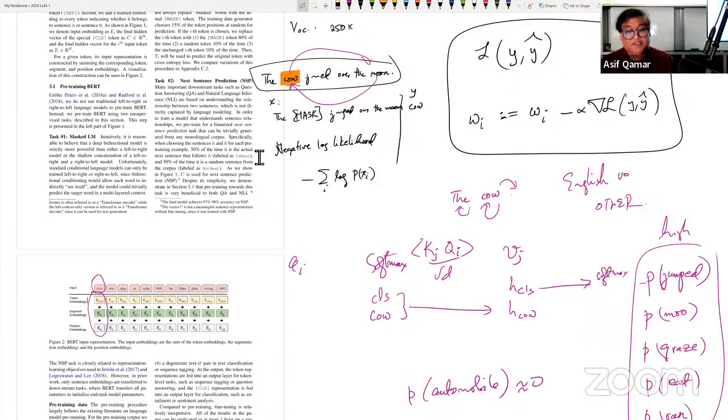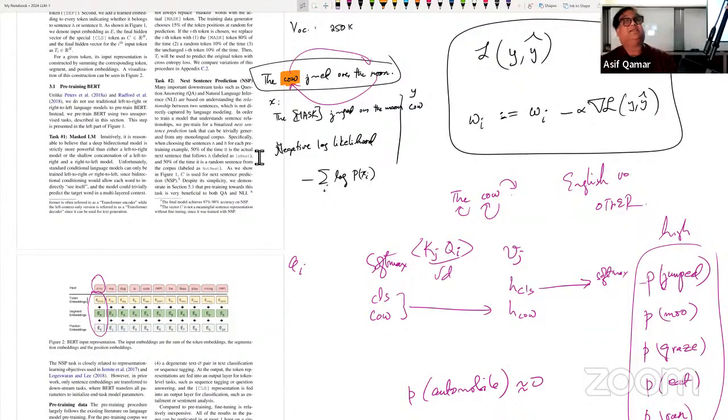Specifically, when choosing the sentences A and B for each pre-training example, 50% of the time B is the actual next sentence that follows A, and 50% of the time it's a random sentence from the corpus. So you feed it a genuine next sentence or a random one.